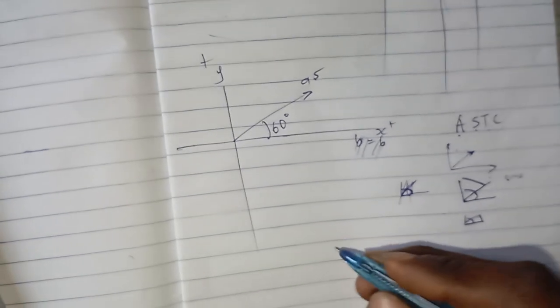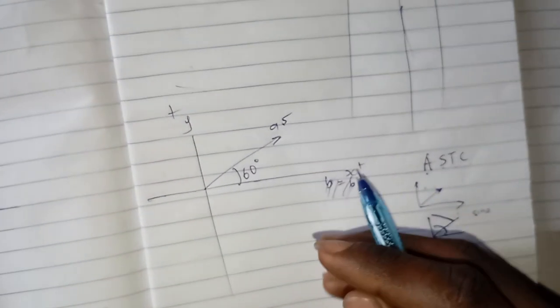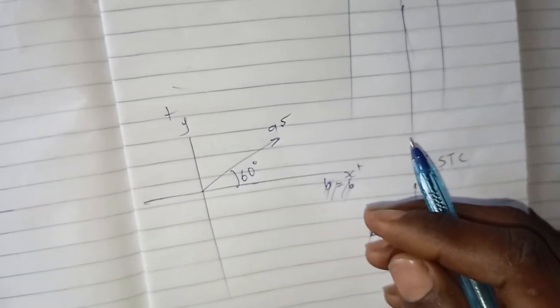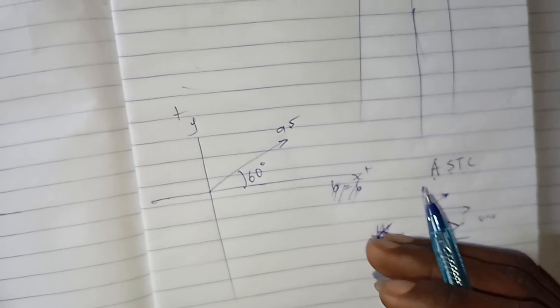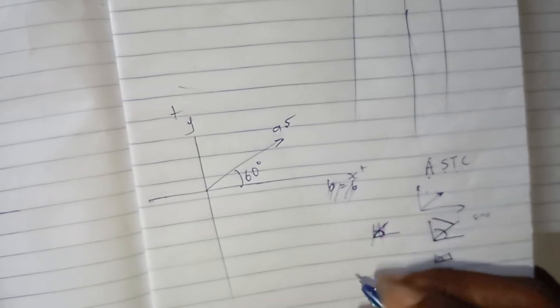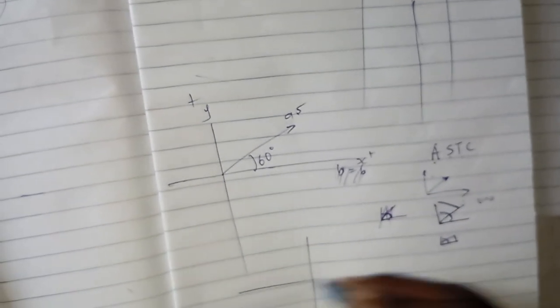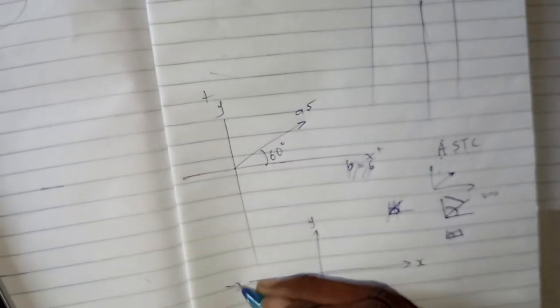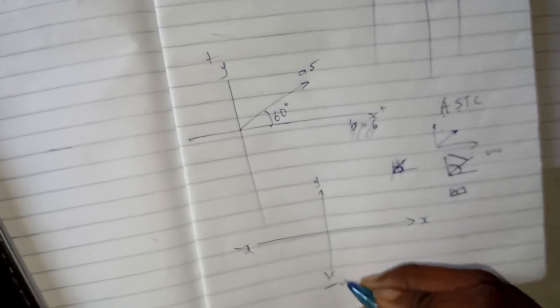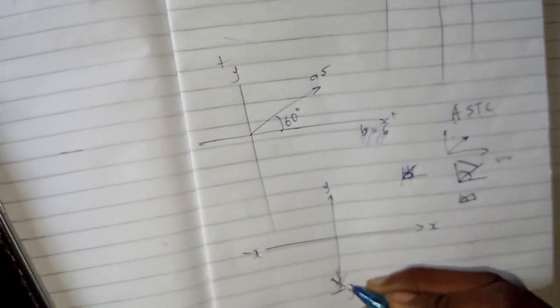Alright, let's go to B parts. These are two different questions, but you have to resolve them together. There is a vector at the y-axis and x-axis for A, and there is a vector at the y-axis and x-axis for B. So for B now, minus y.